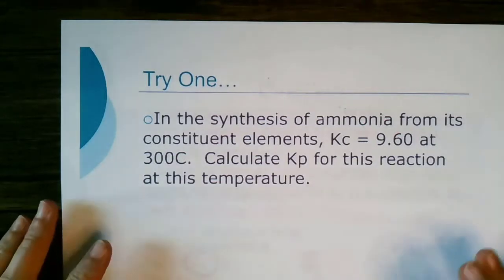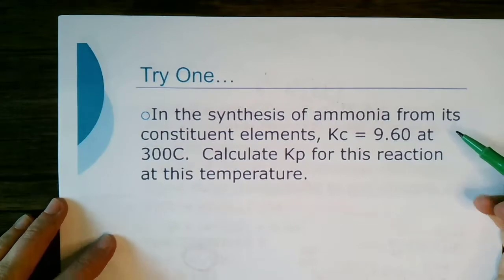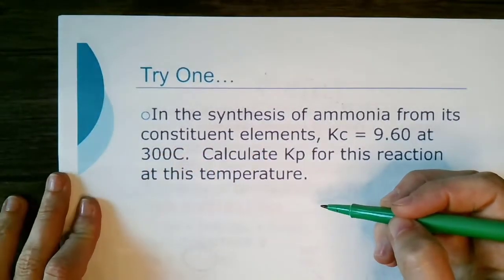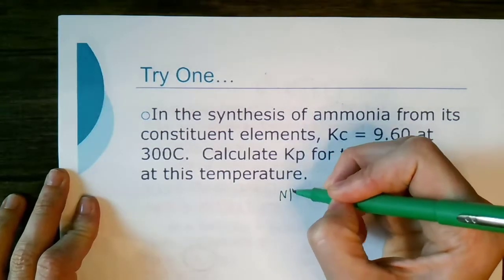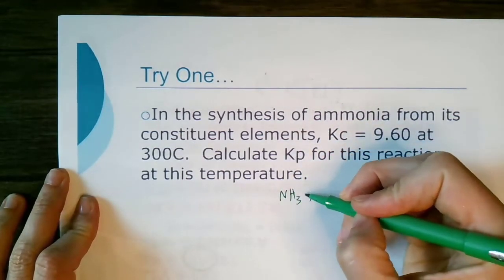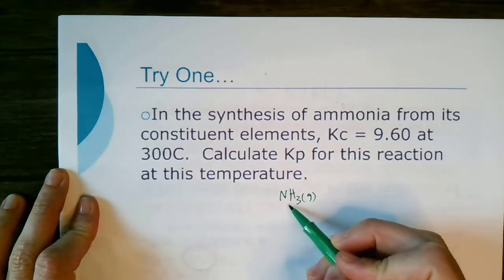Let's try one. So this says, in the synthesis of ammonia from its constituent elements. So we need to write this equation. Ammonia is NH3, and ammonia is a gas. Its constituent elements would be nitrogen and hydrogen.